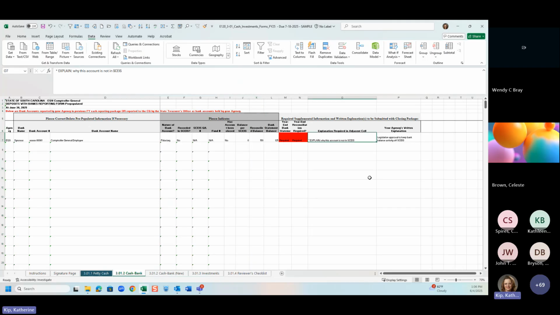If your balance is not in SKIS, you'll need to explain why it's not in SKIS. I can tell you that with all the hullabaloo that has happened around cash, one of the recommendations from AlixPartners is there's some inconsistency with how things are being recorded in SKIS. So I would make sure you are doing your very best to get items recorded in SKIS.